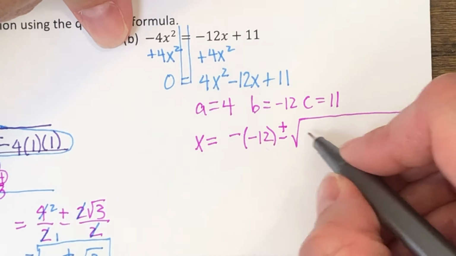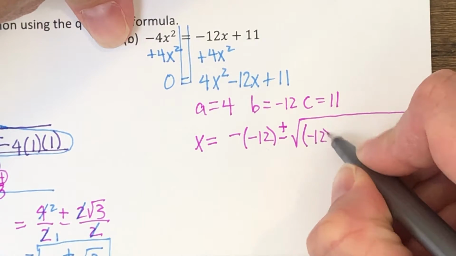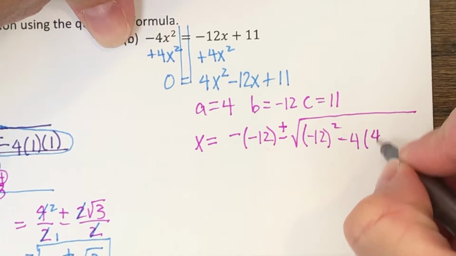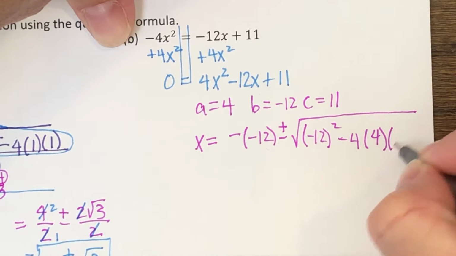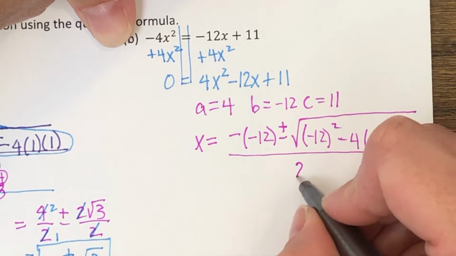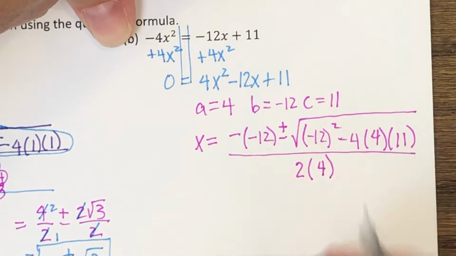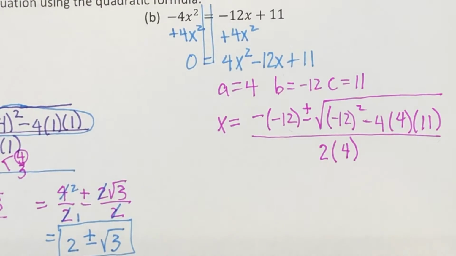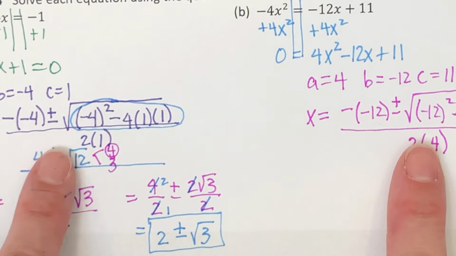Underneath that radical is going to be B, negative 12 squared, minus 4A, which is 4, C, which is 11, all over 2 times A. Okay, same exact spot that I was right over here on the left.